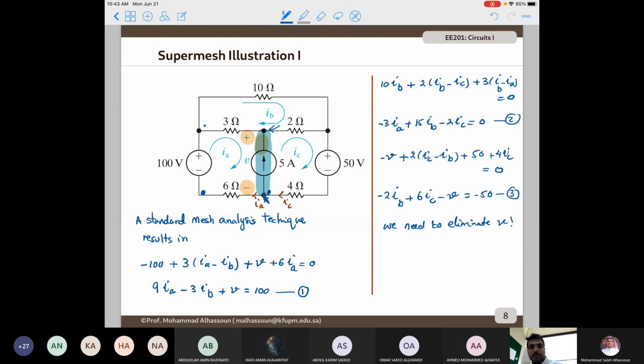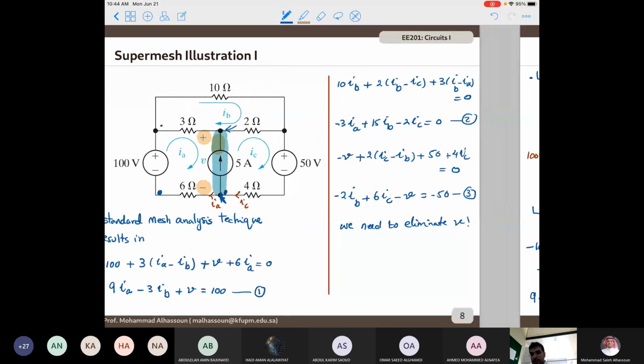Thank you, Abdulkarim, for pointing this out. Yes, if you want to apply it here, then you will have the superposition. Well, anyhow, IB will be common between them, so you can subtract it out. But anyhow, maybe this is the best one. So IB will be also common. So any other question?